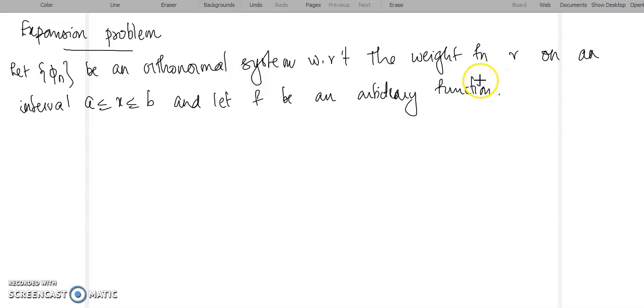By expansion problem we mean our aim is to write f as an infinite series involving the functions phi 1, phi 2, etc. phi n. So the problem is to give an expansion of the form summation n equal to 1 to infinity cn phi n of x. So we need to find out, if such an expansion exists, what can be the possible value of cn.